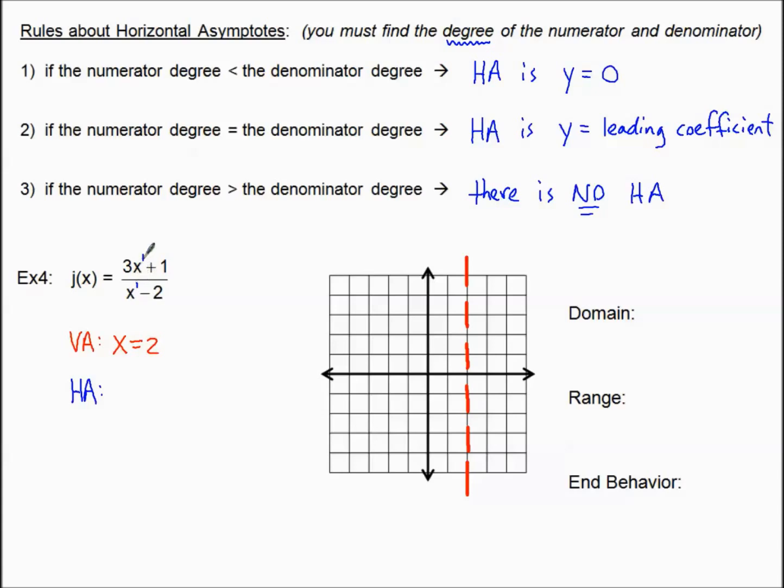Since they are both the same, this must be case number 2, and in case number 2, we're looking for the leading coefficient. Our leading coefficient is 3 divided by 1, so we have y equals 3. I'll go into my graph and go to y equals 3 and dash that horizontal asymptote.